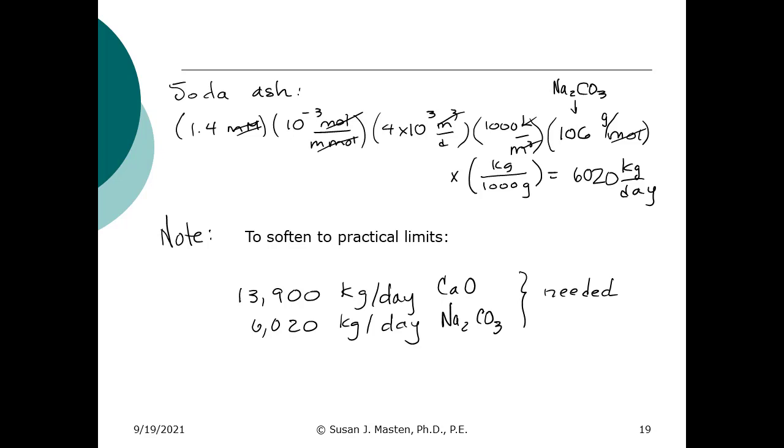Finally, in summary, to soften to the practical limits, we need 13,900 kilograms per day of lime and 6,020 kilograms per day of soda ash.